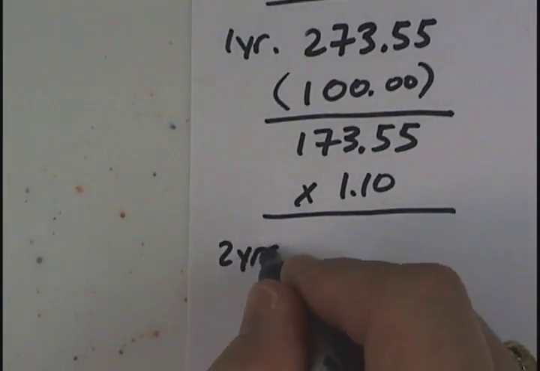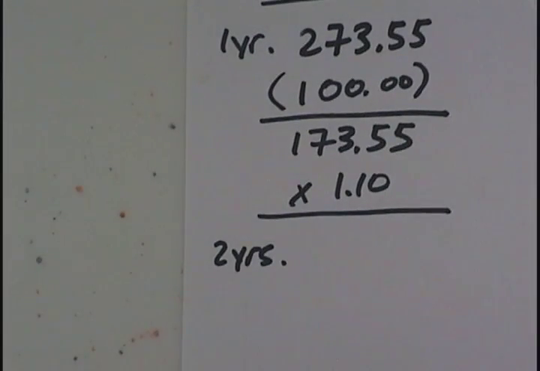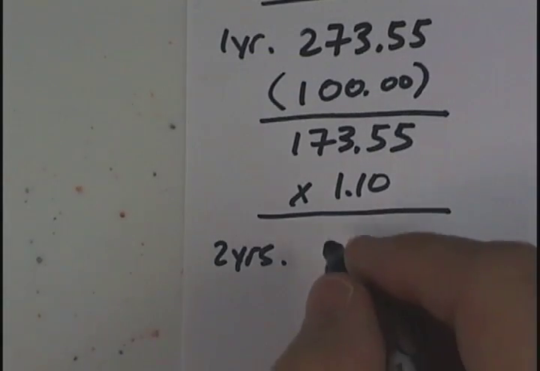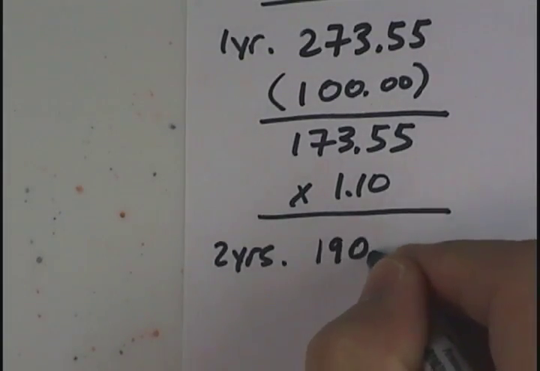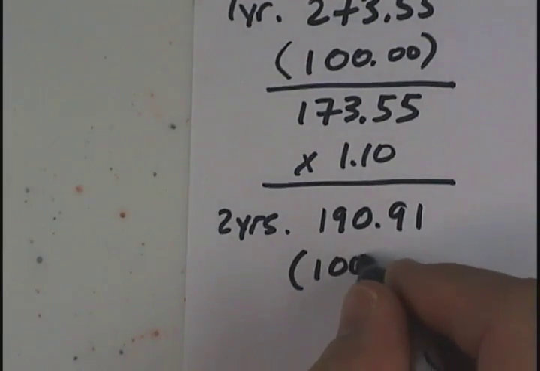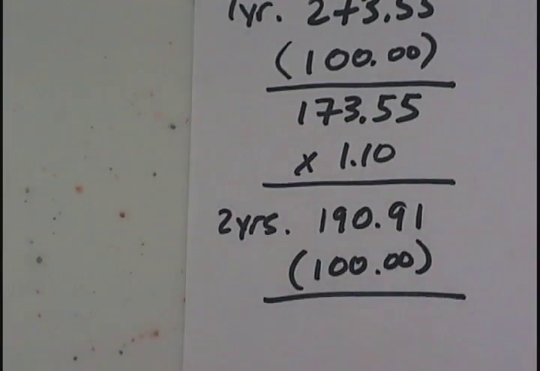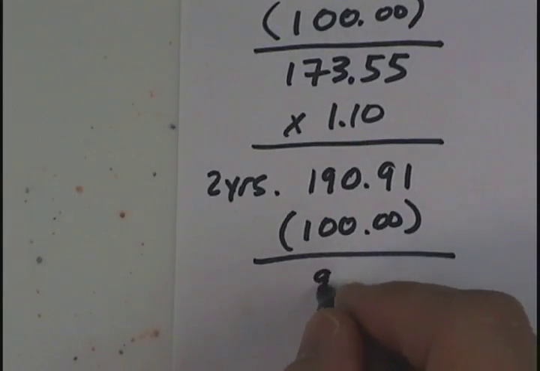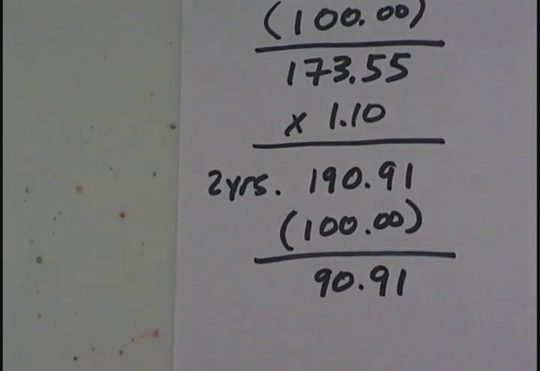So in 2 years' time, the $173.55 will grow for 1 year at that 10% rate. So 2 years from now, I'll have $190.91, at which time I will take out my second $100 payment, and that will leave me $90.91.